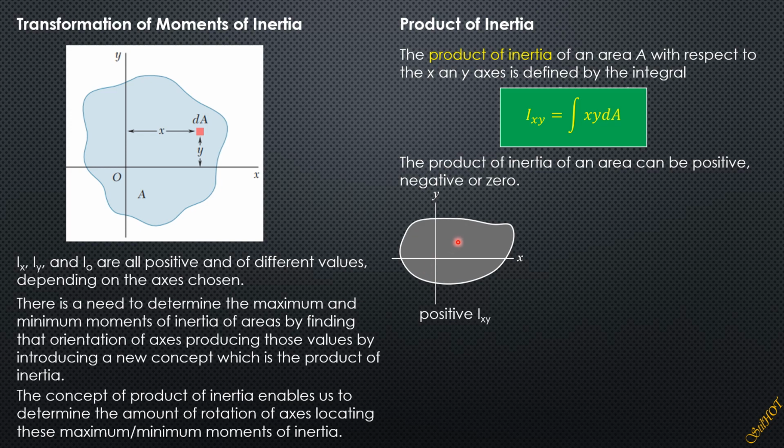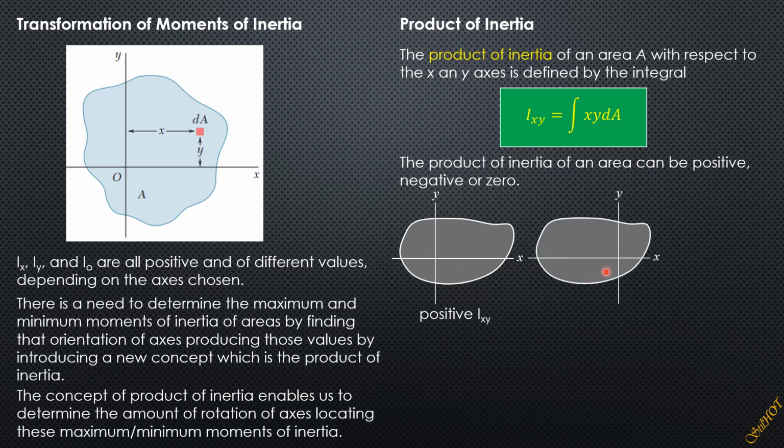In the first quadrant both x and y are positive, and in the third quadrant both x and y are negative, so this gives us positive product of inertia. Comparing to areas lying in the second and fourth quadrants, where the coordinates x and y have opposite signs, the product of inertia would be negative in those quadrants.